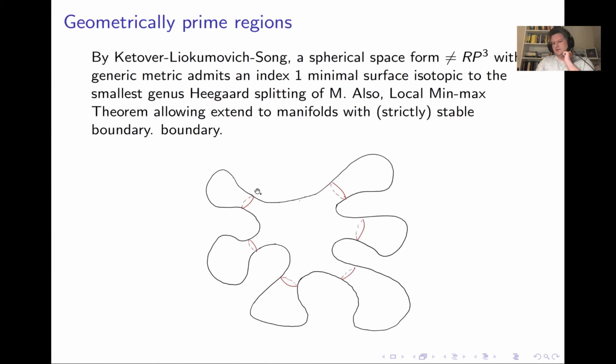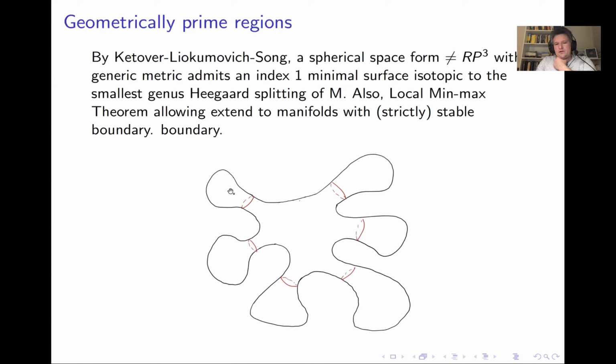So, okay, let's see how we go about this. Let's say this is our manifold. First we're going to consider a maximally disjoint family of stable minimal S2s. So we're just going to look at all stable minimal S2s, and we're going to look at the biggest disjoint family we can find.